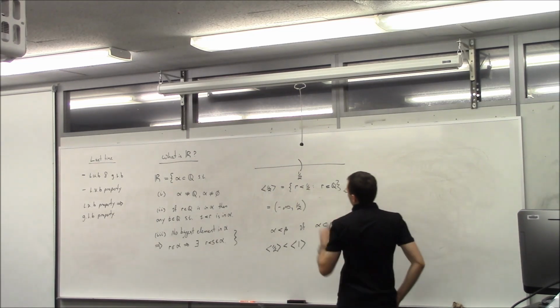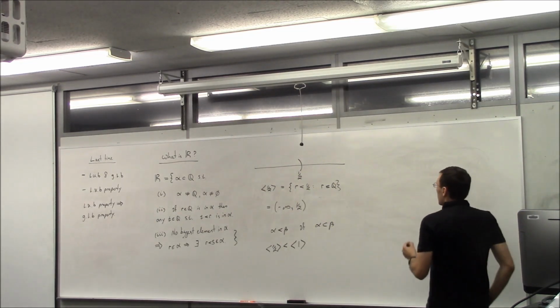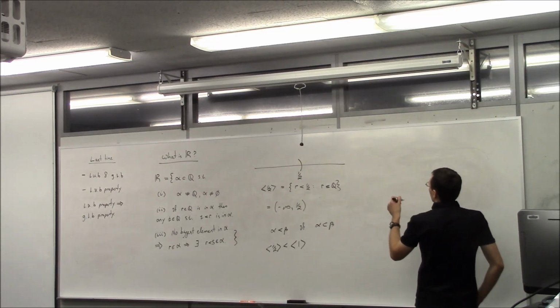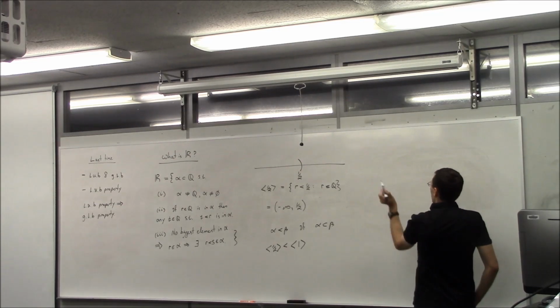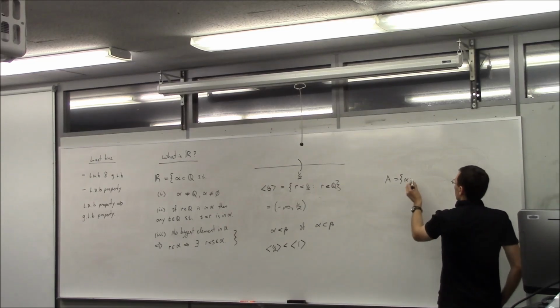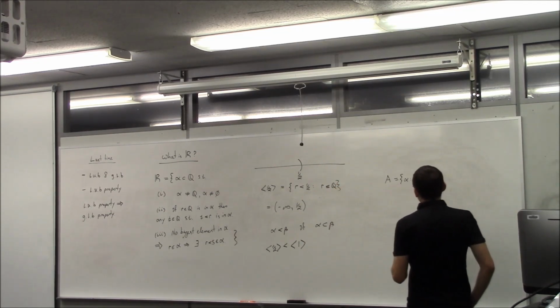Now, once you have sets, you're able to take unions of sets, and taking unions of sets allows you to create a supremum. So the supremum would work something like this. If you have a set A, and a set A now is a collection of a bunch of alphas, where alphas satisfy this abstract definition of R that we have there.